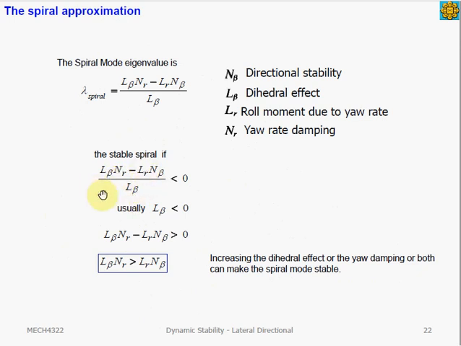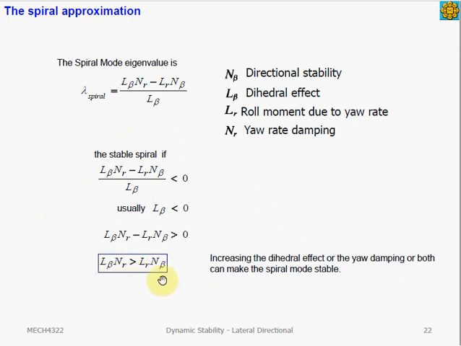So this essentially means that the term here is already a negative value, given that this term is greater than this term. So in this inequality, we are familiar with two of the variables: the L beta, which is the rolling or lateral stability derivative, and the other one is the N beta, which is the yawing or directional stability derivative.